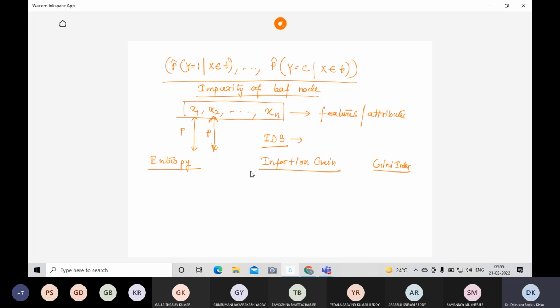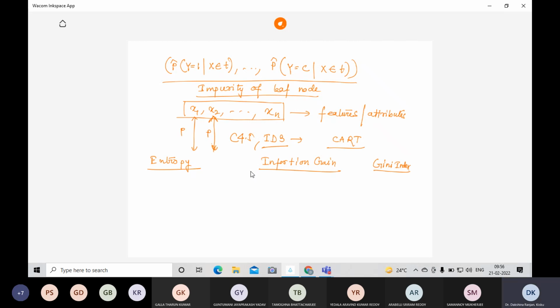When we use three splitting parameters, we can use another variant, CART. This is another variant of the decision tree, where we can skip information gain and use the Gini index in place of it. In ID3 and C4.5, both variants use entropy and information gain, while CART uses these three splitting parameters.